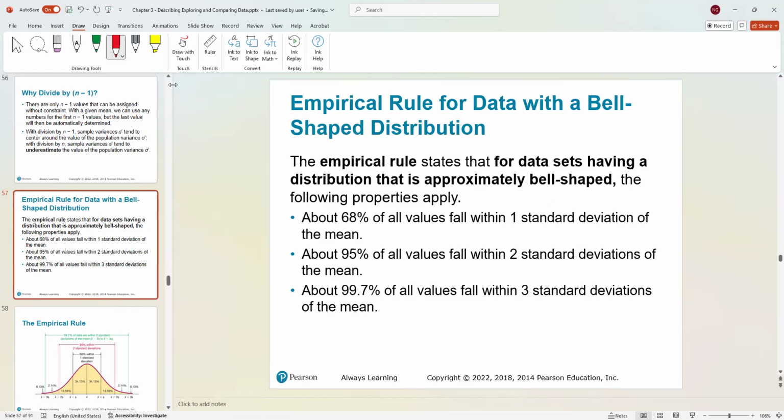For now, however, we can use what we call an empirical rule to help us see how valuable the standard deviation can be as a measure of variation. The empirical rule states that for data sets having a distribution that is approximately bell-shaped, the following properties apply.